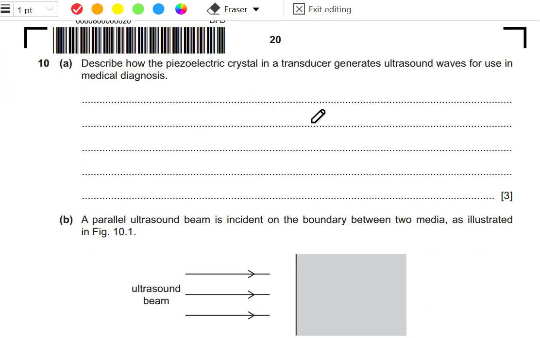Describe how piezoelectric crystal in transducer generates ultrasound waves for use in medical diagnosis. We have AC potential difference that makes crystal vibrate, and AC potential difference frequency is equal to natural frequency of crystal, piezoelectric crystal.